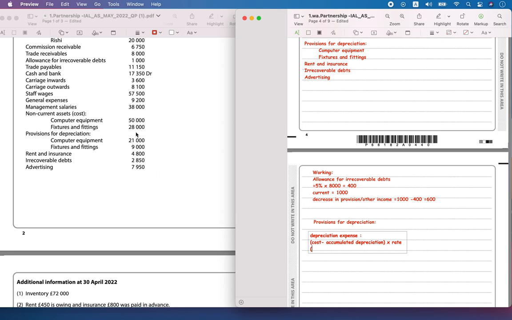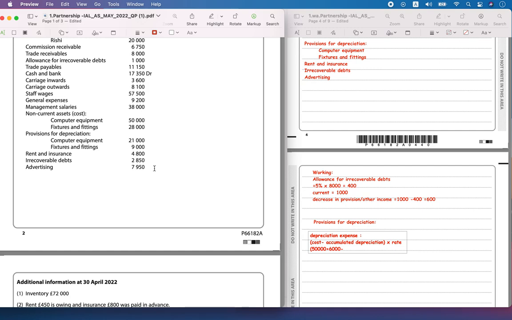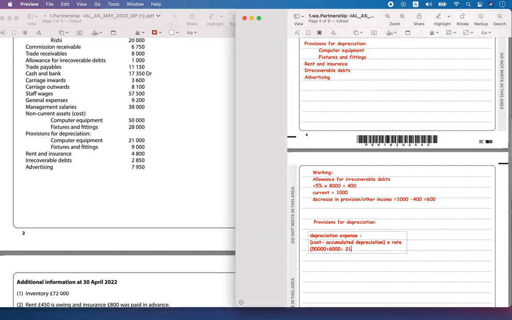The cost was 50,000 plus 6,000 that was bought, minus the accumulated depreciation of 21,000, times 20%.